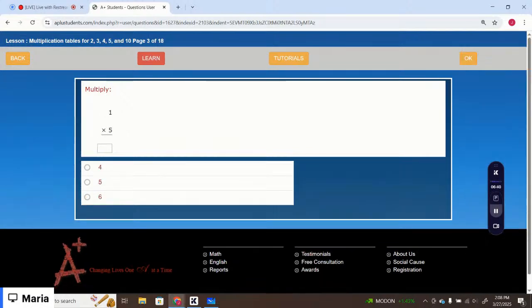The next one is 1 times 5. 1 times 5 equals 5. Whenever you multiply any number with 1, the number stays the same, whatever number it is. 1 times 5 is 5. Option number 2 is the correct option.